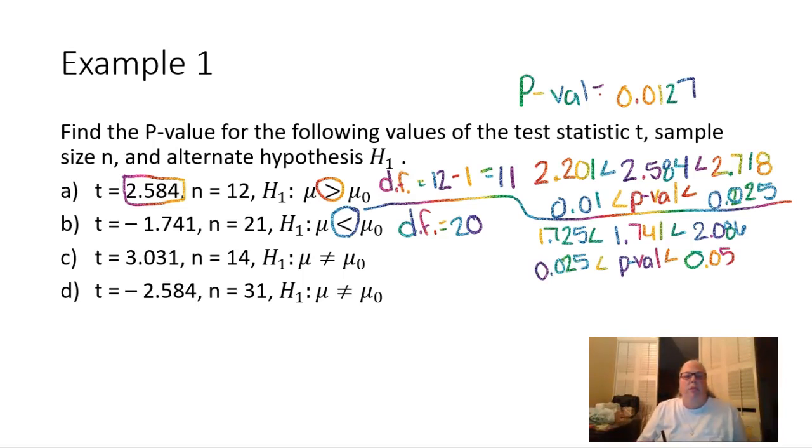Therefore, the interval that contains negative 1.741 is going to be between 0.025 and 0.05.